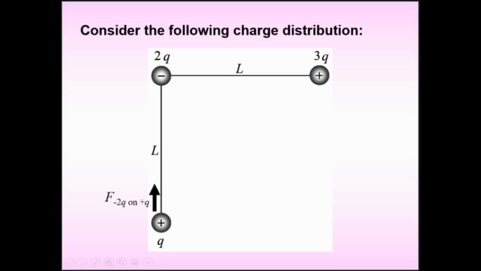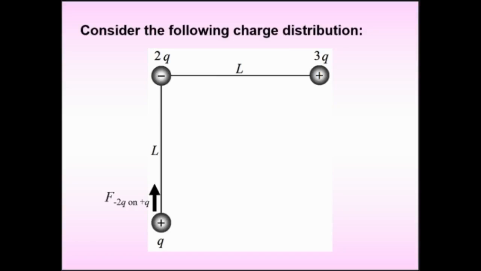So let's actually, on the system diagram, not the FBD yet, not the FBD. On the system diagram, the force pulling this up, or acting up on this, I should say, is F of minus 2Q on plus Q. By the way, if you don't want to write so much in the subscript, feel free to number your charges, like 1, 2, 3, and then you can say like Newton's third law, FA on B or F1 on 2.